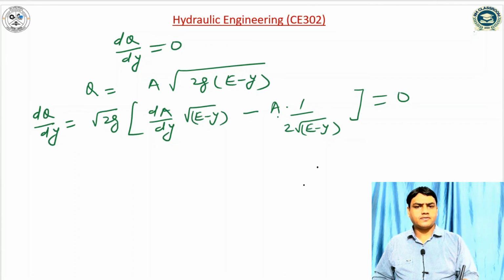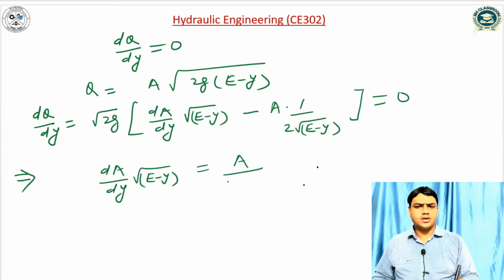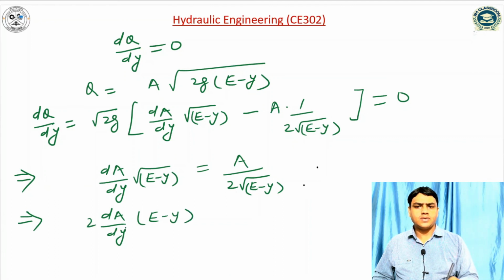Putting this value as 0, dA by dy into the square root of E minus y is equal to A by 2 into the square root of E minus y, or dA by dy into 2 times E minus y is equal to A.